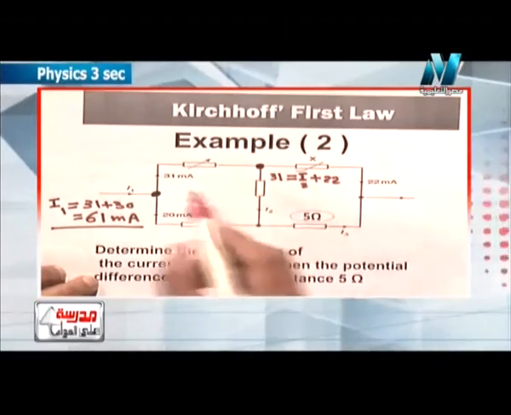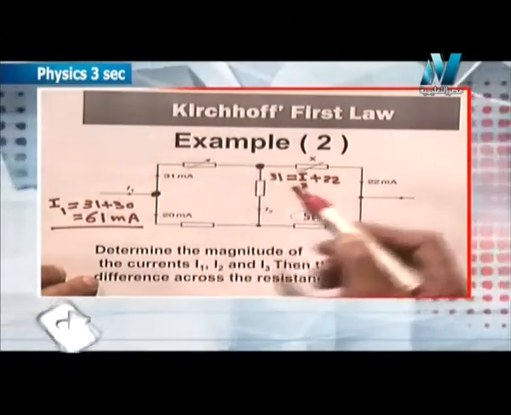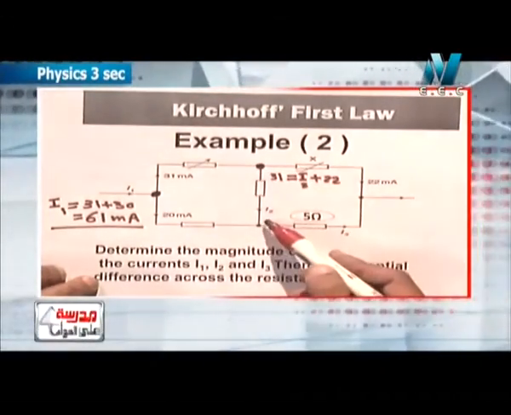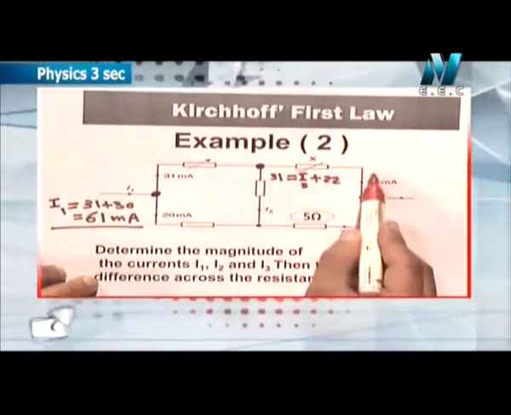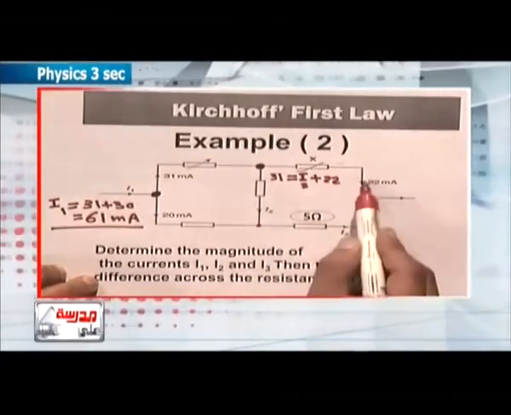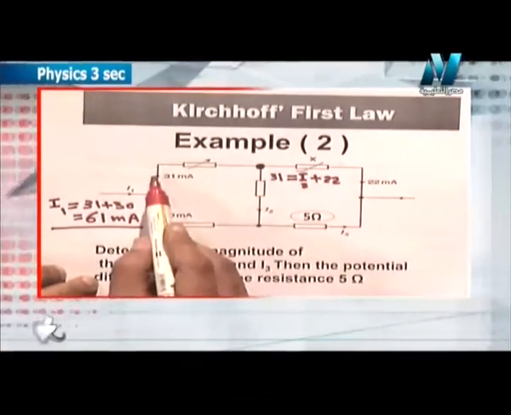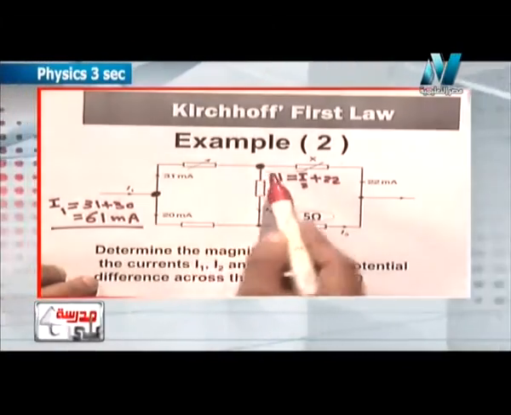At that node 31 enters and I2 out, 22 out according to the arrow. Pay attention to the arrow. So current enter equals current out.